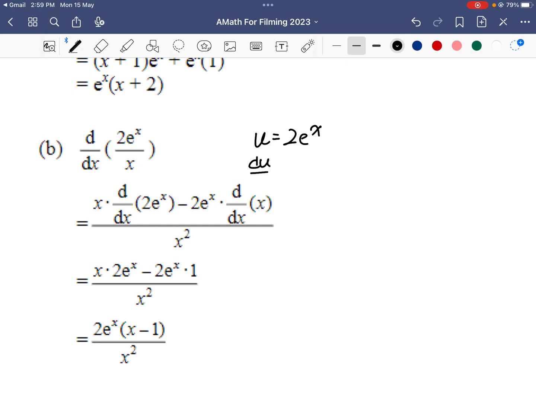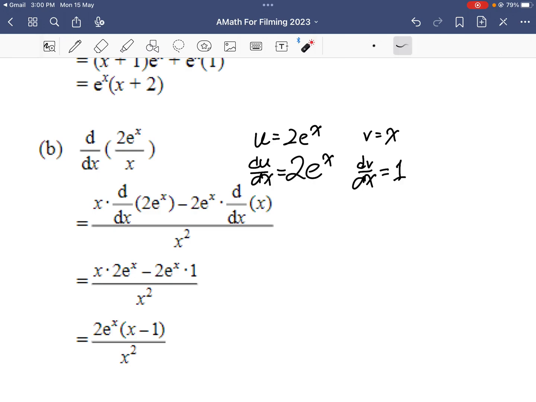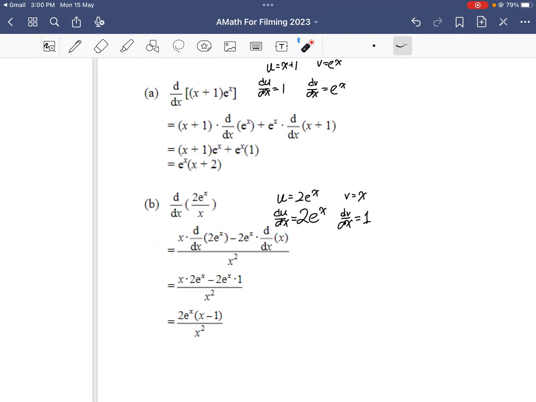If you differentiate u with respect to x, you get back 2 times e to the power of x. v is x, dv/dx is equal to 1. So if we apply v du/dx minus u dv/dx over v squared, you factorize e to the power of x from the numerator and simplify, you're left with this for part B.